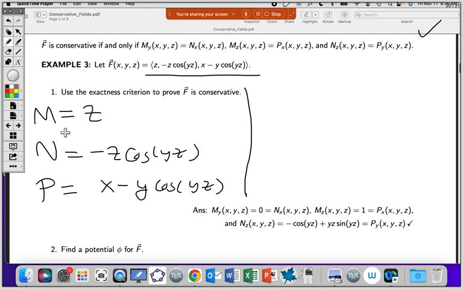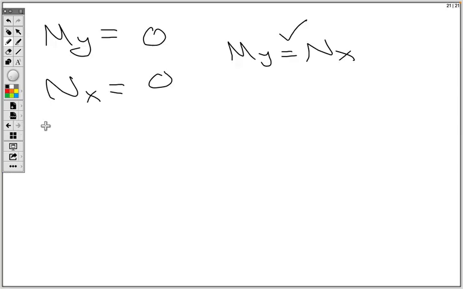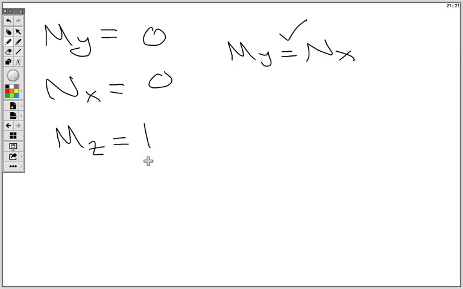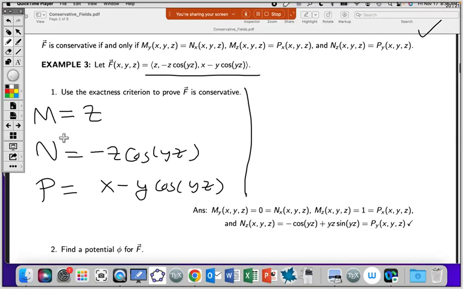Now we'll look at the partial derivative of m with respect to z. The partial derivative of m with respect to z is just going to be what? 1. So that's the x component with the derivative with respect to z.